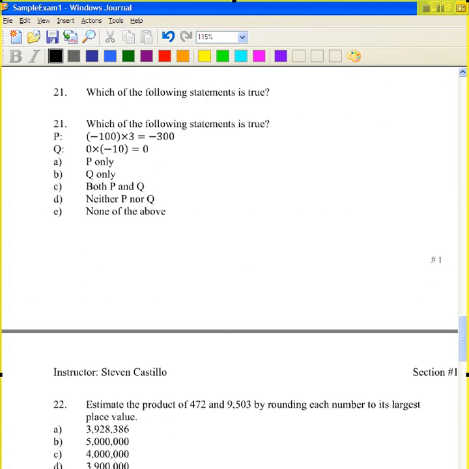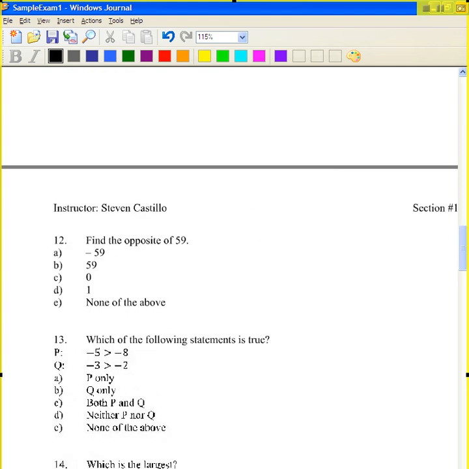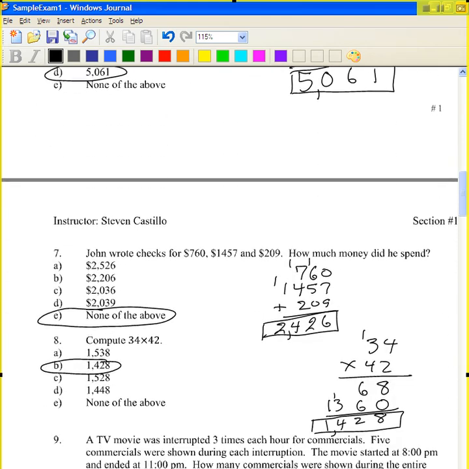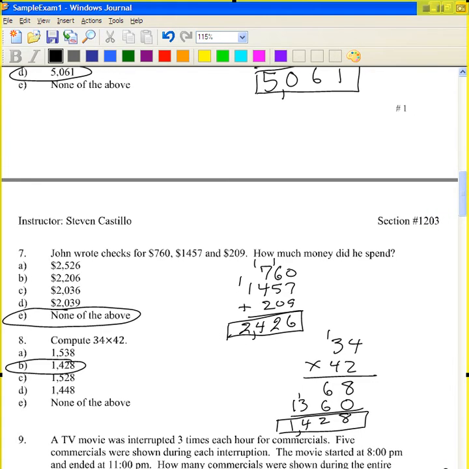Let me zoom back to where I was. There. And so there are 45 commercials. So D. I can probably move that over a little bit there. So there are 45 commercials.